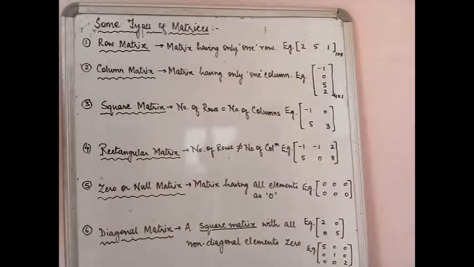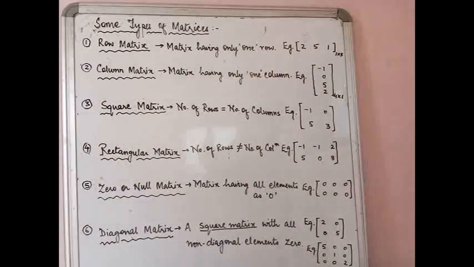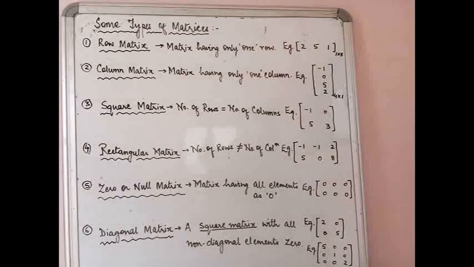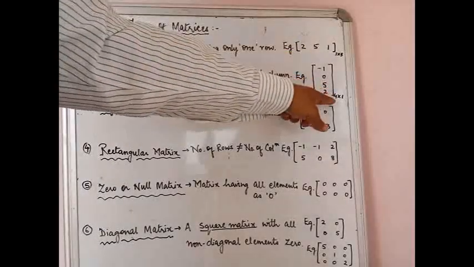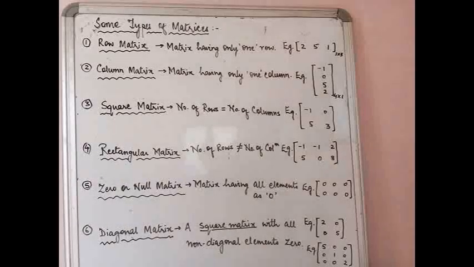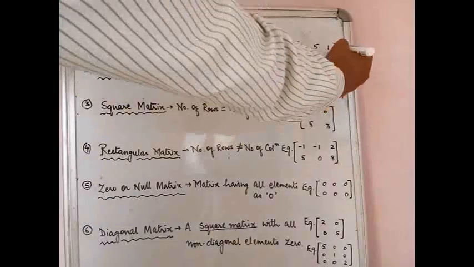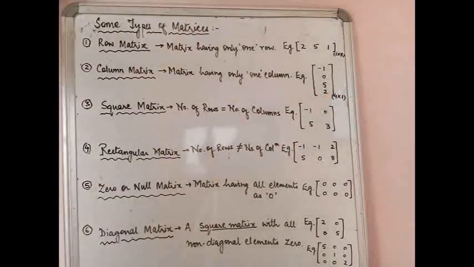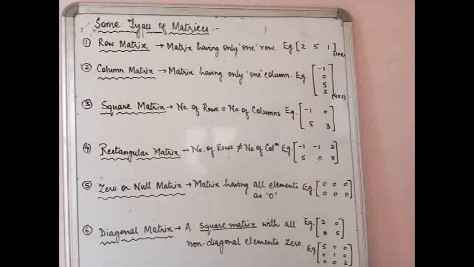Please remember, in the order of the matrix, the first entry will always denote the number of rows and the second one will denote the number of columns. The order of the matrix is to be written at the right hand bottom corner of the matrix. If you want, you can put this in small brackets like this.